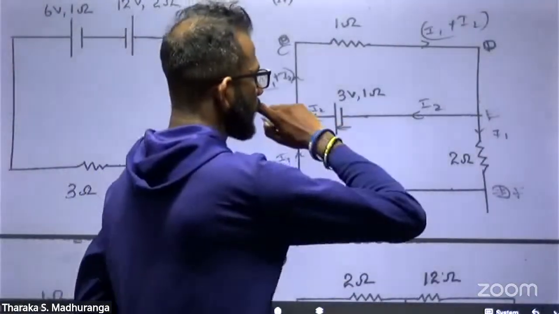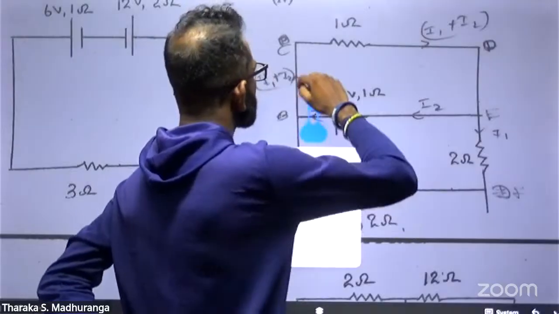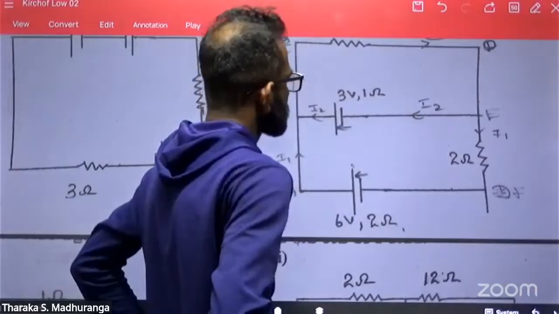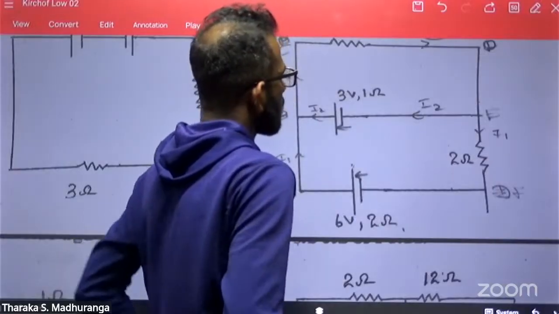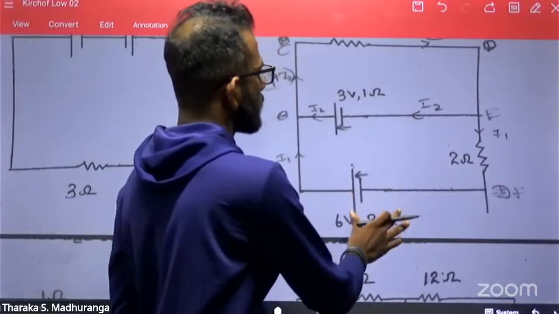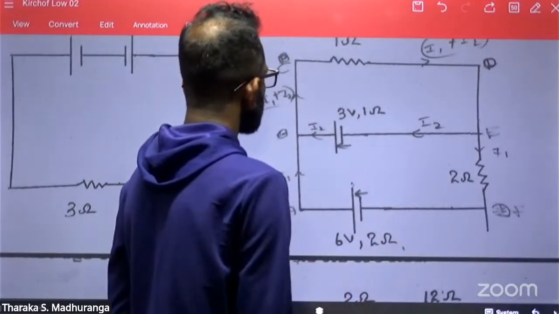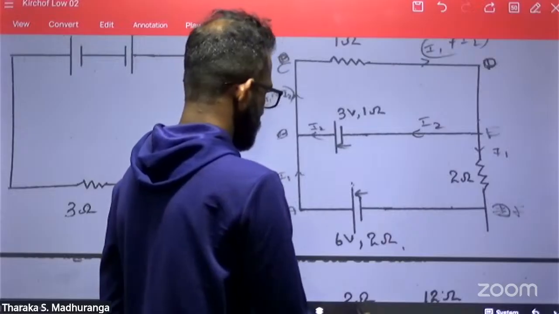They have started from this battery, I2, and this one is coming I1. Okay, this current is correct. I1 plus I2.